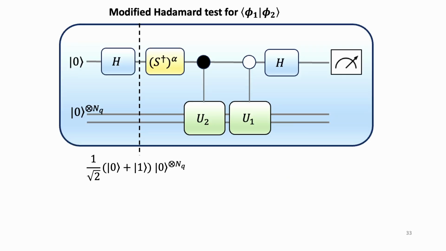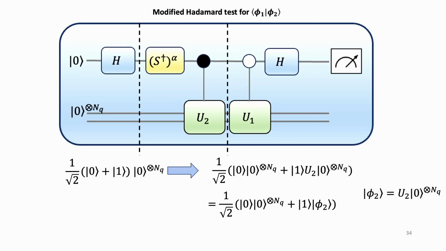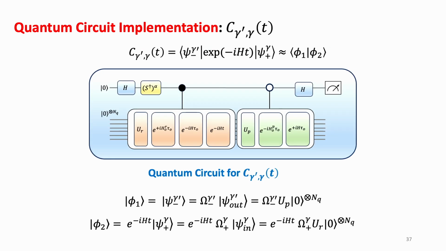I will not run it, it's a very trivial algorithm. So let's just go to the circuit. As I mentioned, you have the ancilla qubit here, which will encode the results. So you have the Hadamard, the shift here, and then this is U1 and this is U2. These are representing the Møller states.